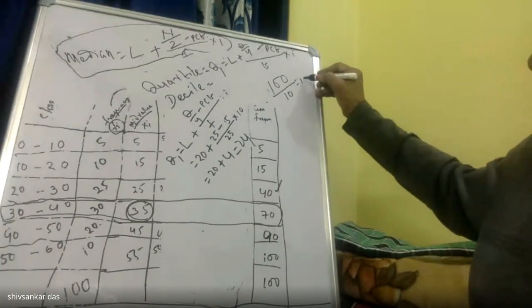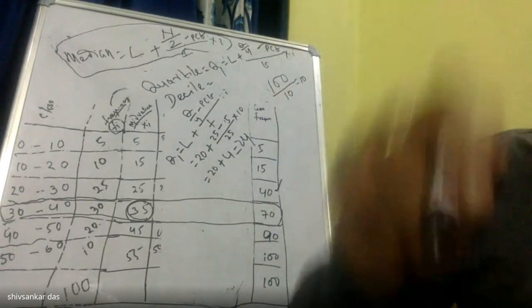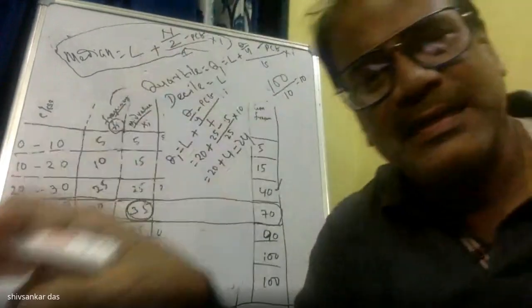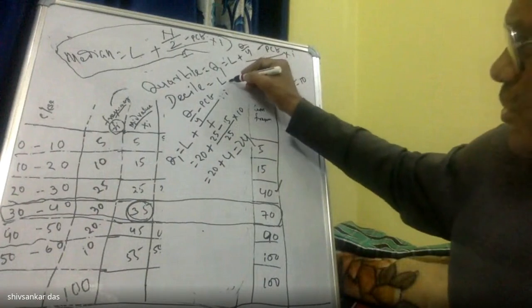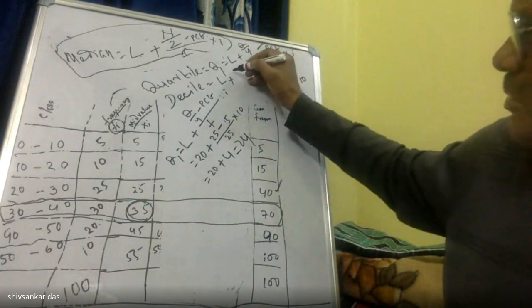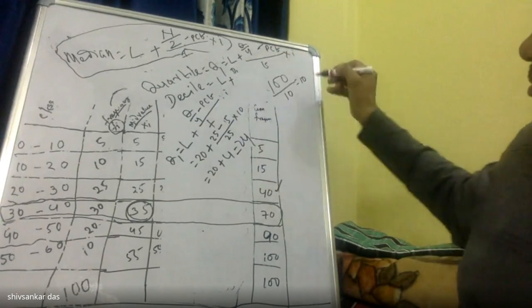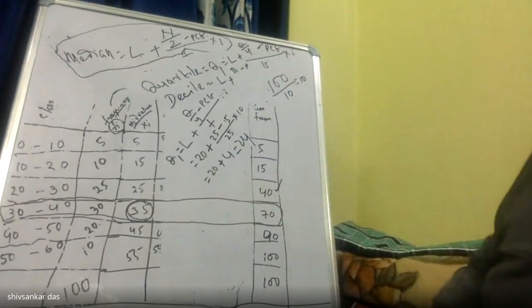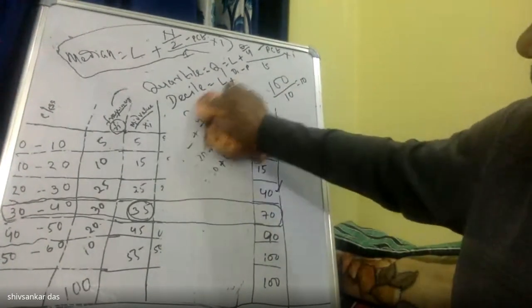So decile will be here. What is the formula then? L, the lower limit of the decile class, plus decile 1, that means 10, minus previous. I'm removing this.